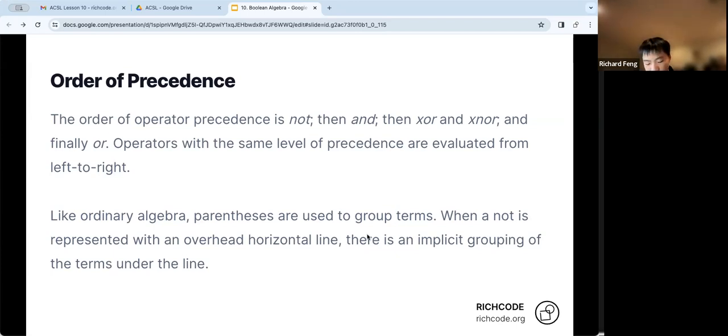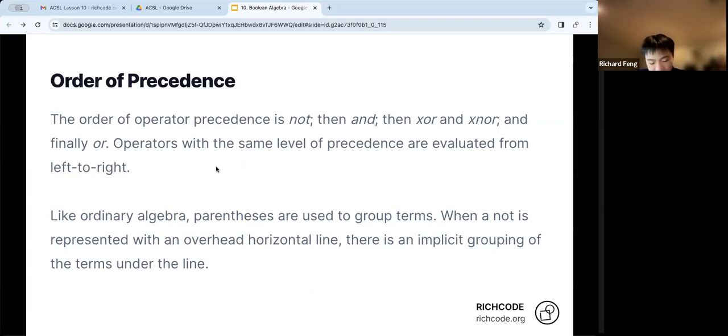So basically what that means is, let's say we have A or B and there's a bar over it, then that's the same thing as not (A or B). This is what this is saying. So does anyone have any questions about the order of precedence?